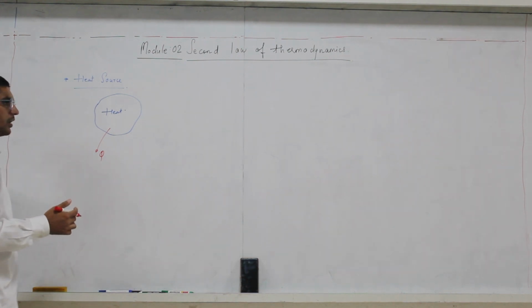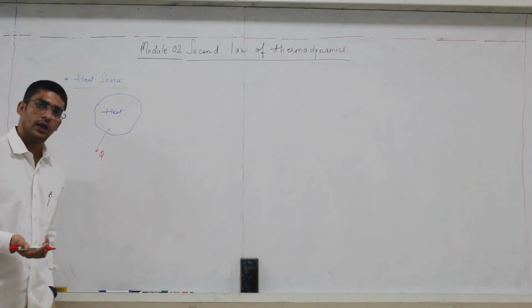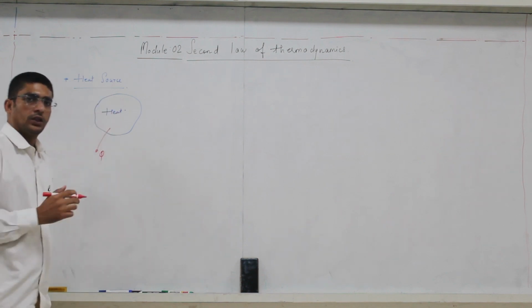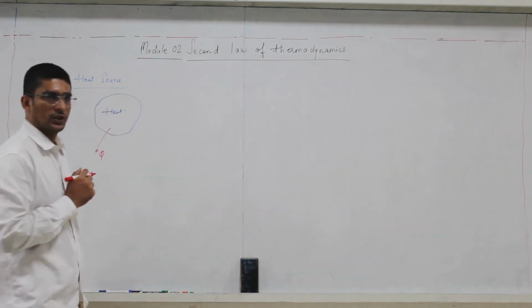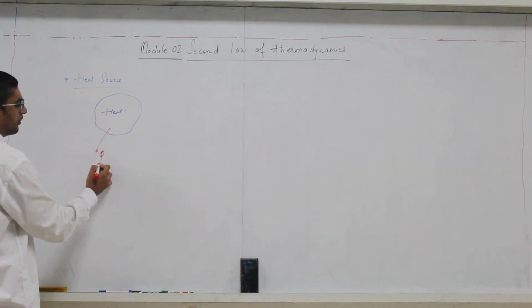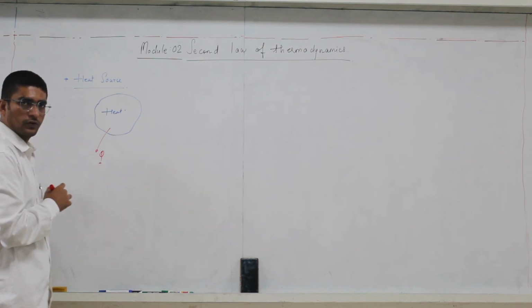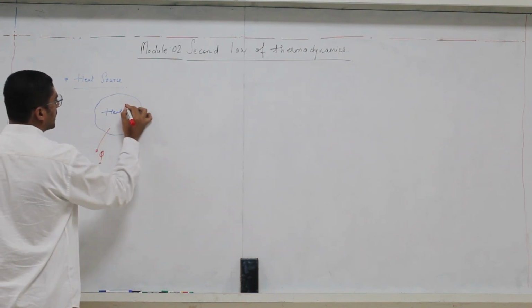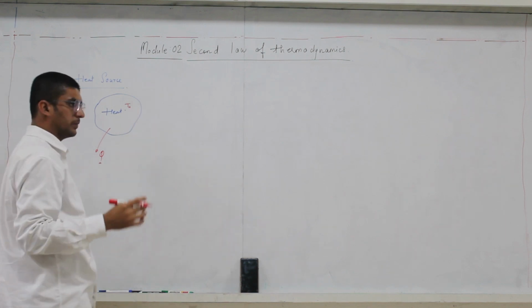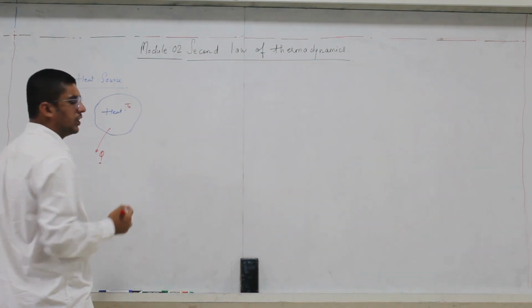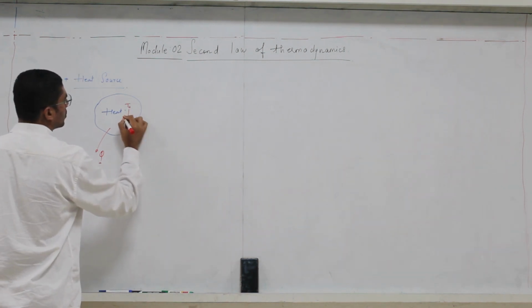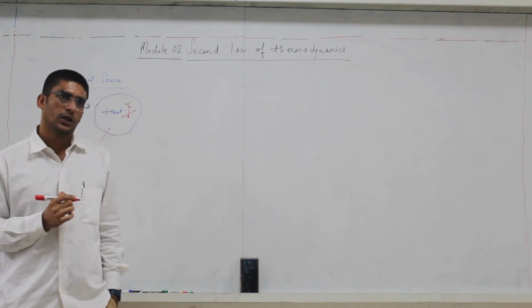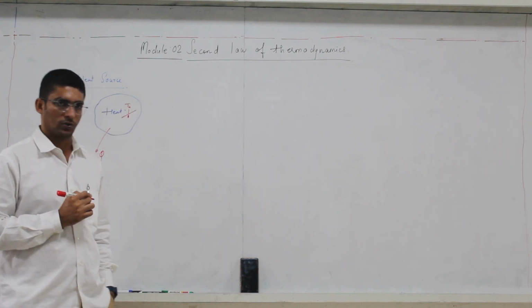Now, what is the thermodynamic definition of a heat source? The definition is that if you take out a particular amount of heat from the heat source, suppose we assume its temperature as TH, the temperature of the heat source will not drop. That is the thermodynamic definition of a heat source.